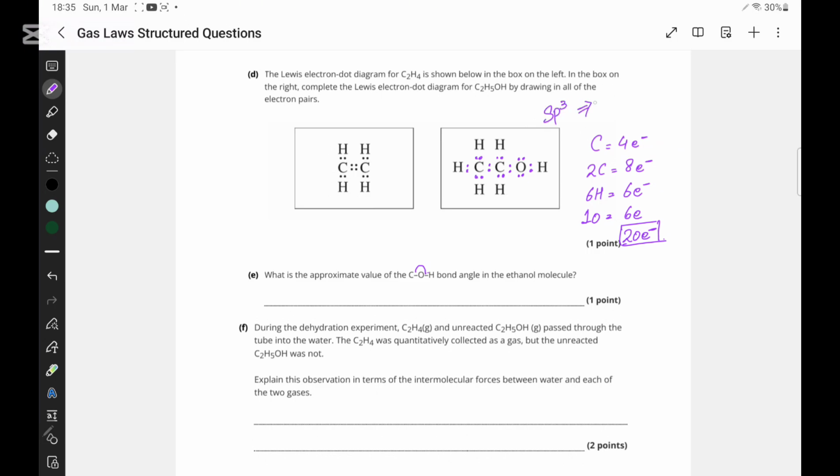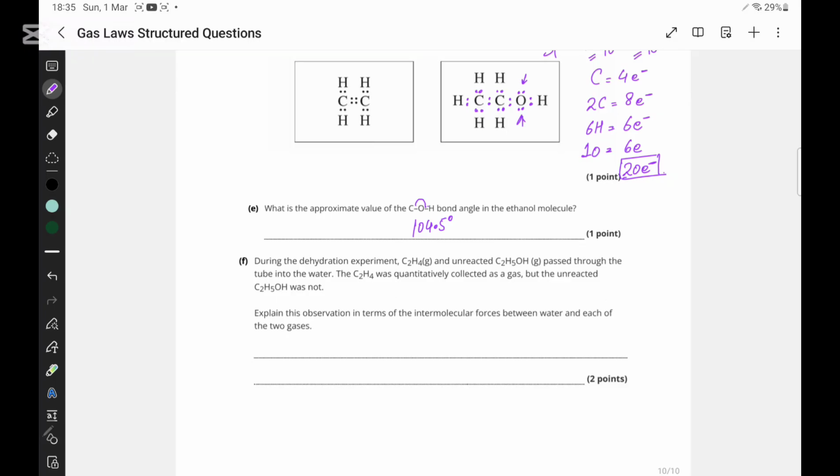For sp3 it's 109.5, but there are 2 lone pairs attached, so it is going to be 109.5 minus 2 times 2.5, which comes out to be 104.5. So 104.5 is going to be its bond angle.